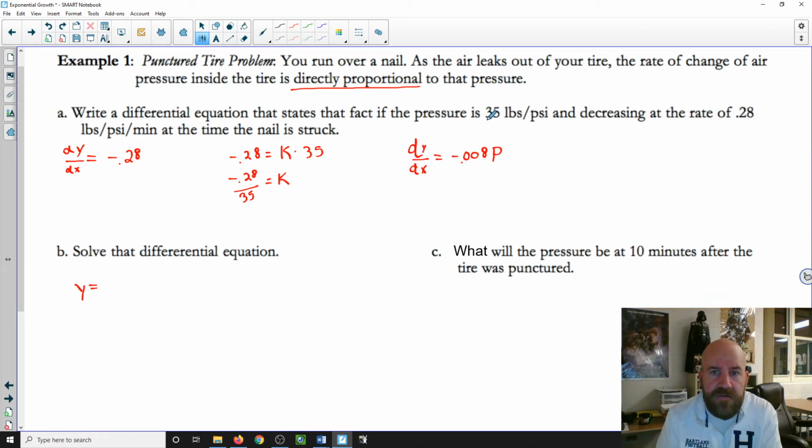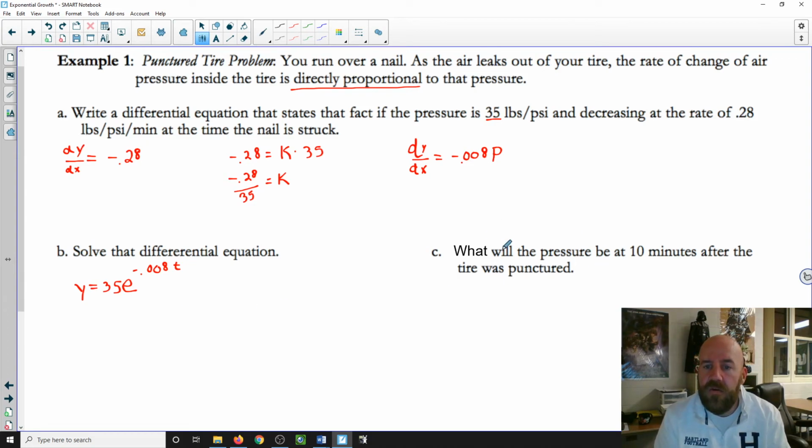So our initial pounds per square inch is 35. And then we have e to the k, which we just calculated, that was the negative 0.008, and then t for time. So that, we solved the differential.